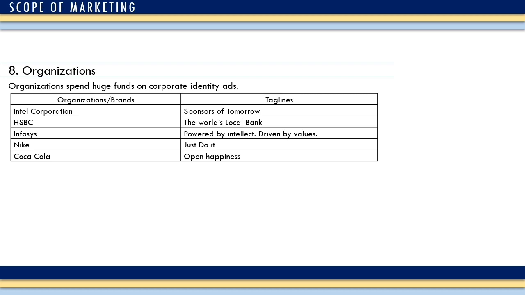And in the near future, no matter what kind of business you do, what kind of products you launch, definitely people will have a positive opinion about your company. So therefore, when we say organizations can be marketed, in organization marketing, the objective is to establish a sound and positive image in the minds of the public, because positive image can definitely build brands, organizations' goodwill, and in the near future, it will definitely help the organization.